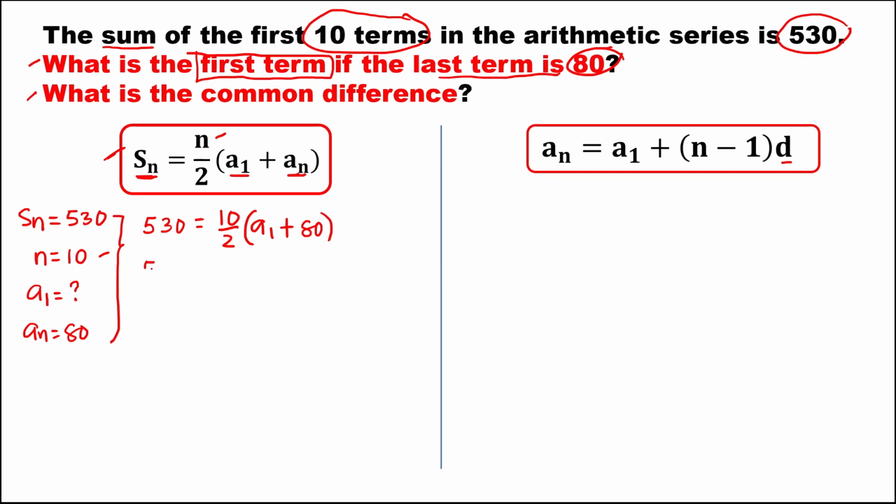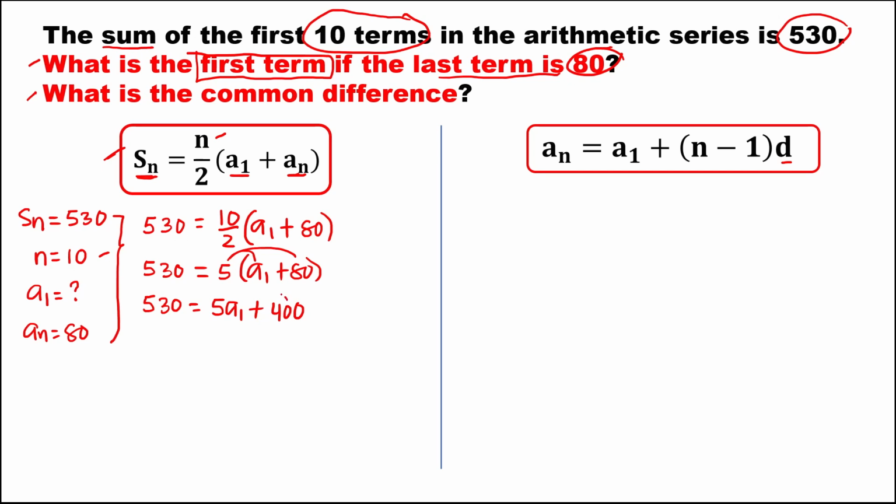Then to simplify, 530 equals 10 divided by 2, this one is 5, times a sub 1 plus 80. Then we have now 530 equals, distribute. So this is 5 times the first term. Then for this 5 times 80, this one is 400.